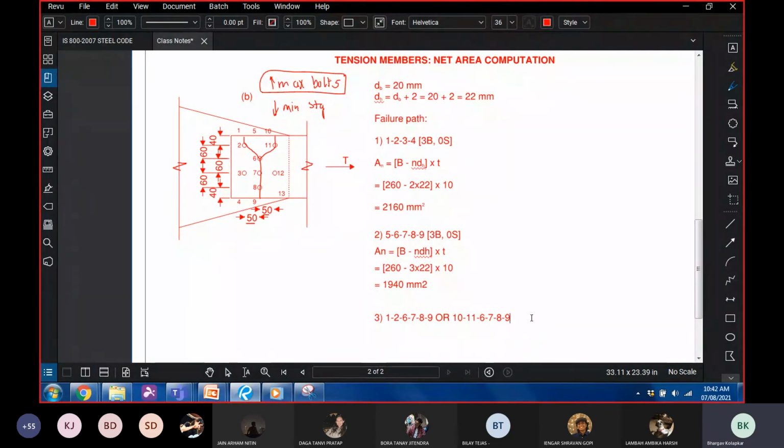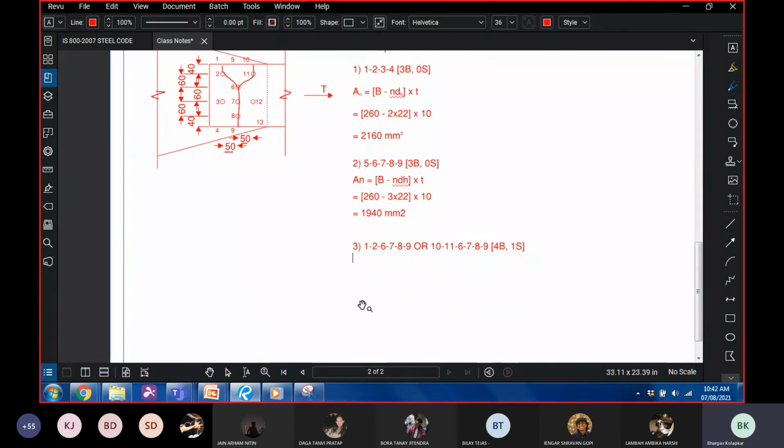But now, along this path, we have 4 bolt holes and we have 1 staggered arrangement. Now our formula for AN is slightly different.